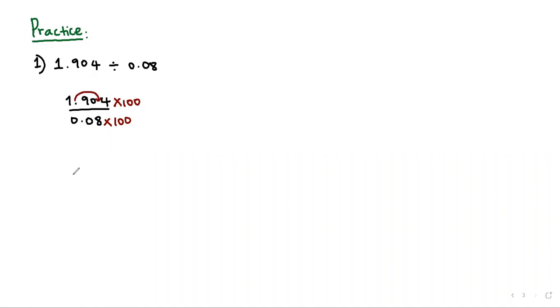So what do we have next? Very quick. 190.4 out of 8. Okay. So in the next step, we are going to divide. Since we cannot get 1 divided by 8, we will get 19.